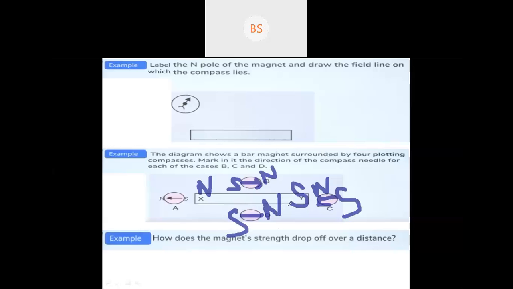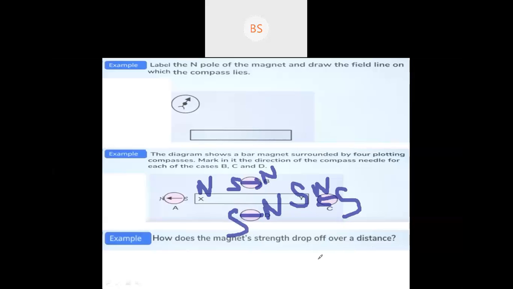Now the next question is, how does the magnet strength drop off over a distance? What you can say is, if you increase the distance of a magnet, then the strength of the magnet exponentially decreases.